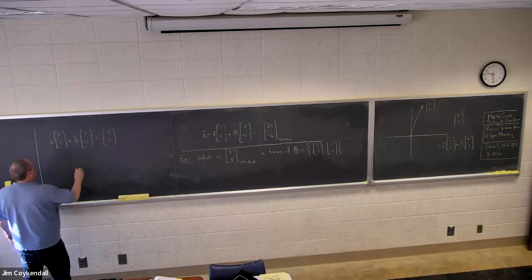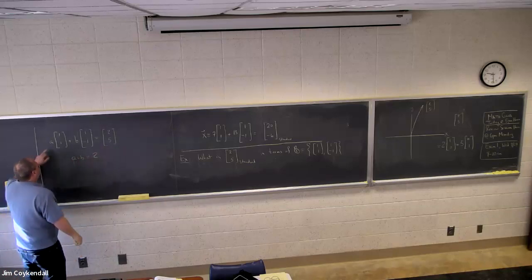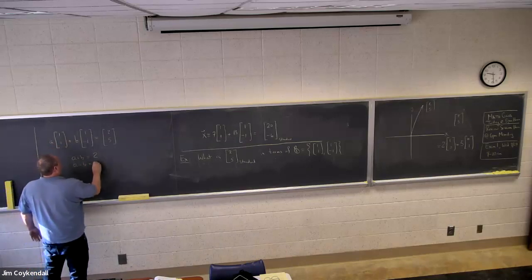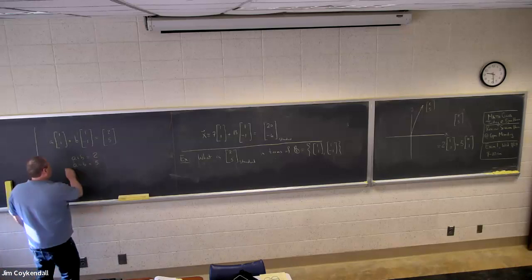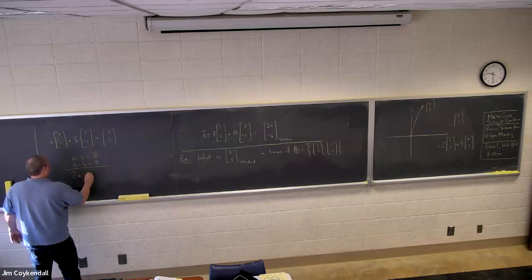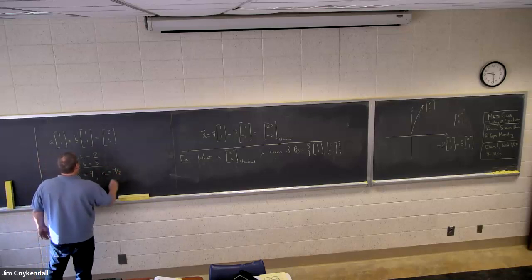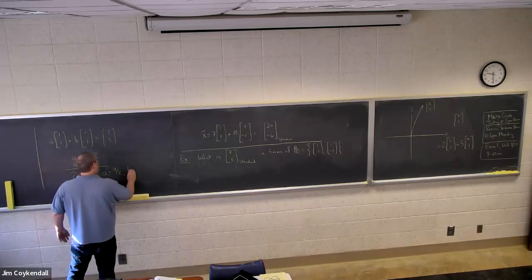So in fact, what you get is A plus B. I can do it very quickly this way. A plus B must be 2, and A minus B is equal to 5. Correct? So let's see what we get. 2A is 7, so A is 7 halves, and B is minus 3 halves.